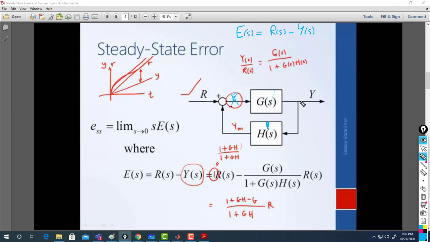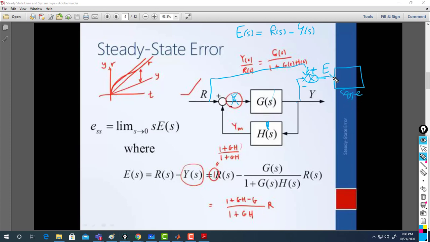If I ask you to compute the error on Simulink, in this case you need to add a summation block and put on it minus y and plus r, and r minus y is your error, and you take it to a scope if you want.